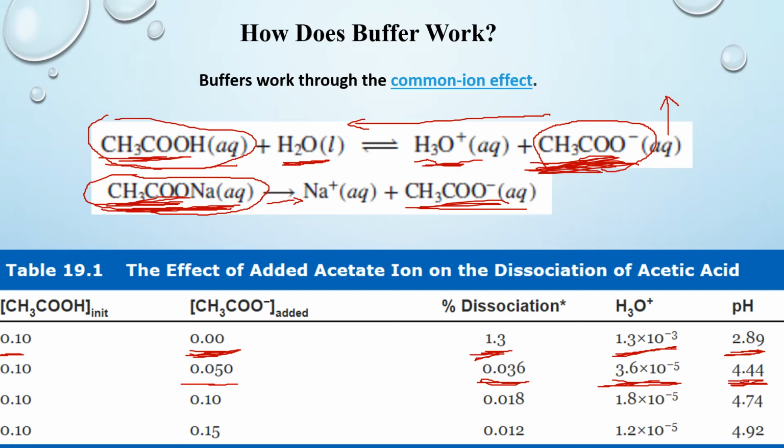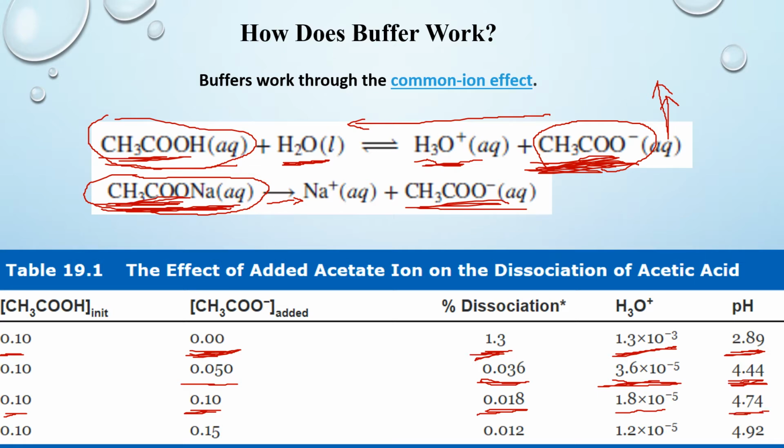In the third row, you're adding the same concentration of acetic acid and the acetate. So now your concentration of the acetate is even higher. So that will further push the equilibrium position to the left, meaning that even less amount of the proton will be generated, and the pH will increase.